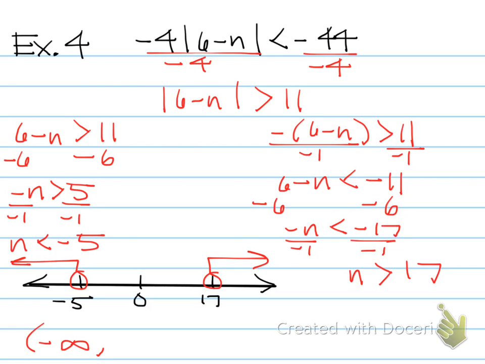All right, so -infinity to -5, and then there's an open circle at -5, so it should be a parenthesis next to -5. And then for or compound inequalities, you should have a union symbol in between the two intervals. All right, so union, and then there's an open circle at 17, so parenthesis 17, and that goes to positive infinity. And there's always a parenthesis next to infinity.